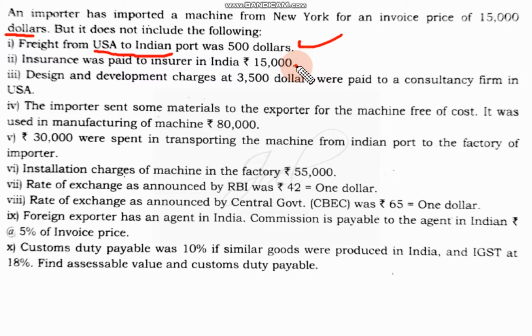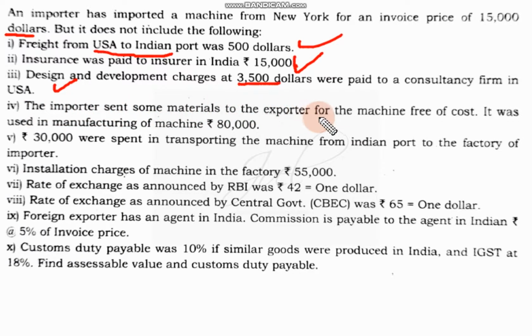Anywhere in this problem it is not given that it is related to an Indian transaction, therefore we are considering this particular value. Next, design and development charges $3,500, so it is eligible for addition.